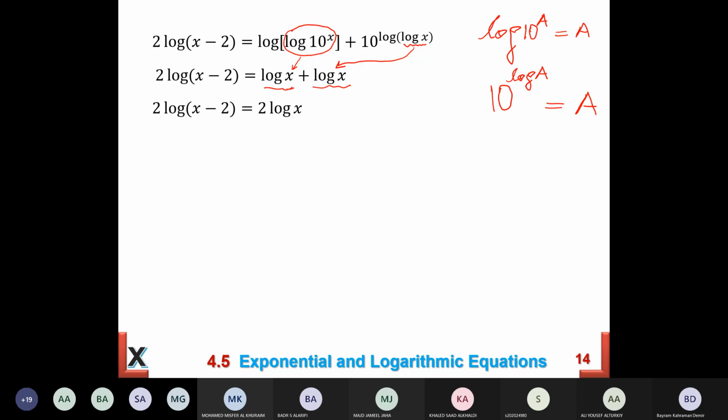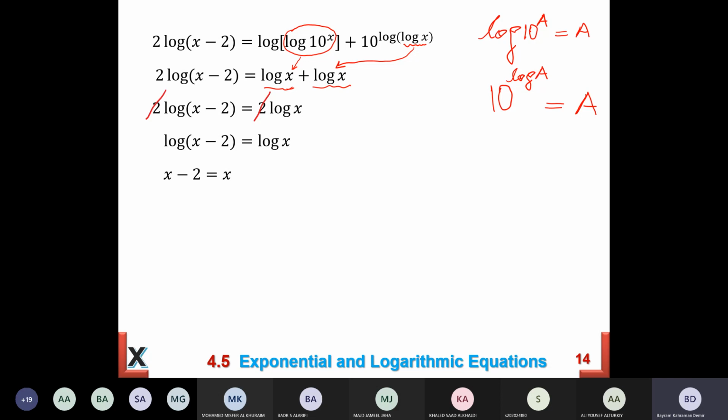All right. So let's just cancel the 2 from both sides, Shabab. We get logarithm of x minus 2 equals logarithm of x. And now, again, by the property of logarithms, the arguments should be equal. X minus 2 should be equal to x.